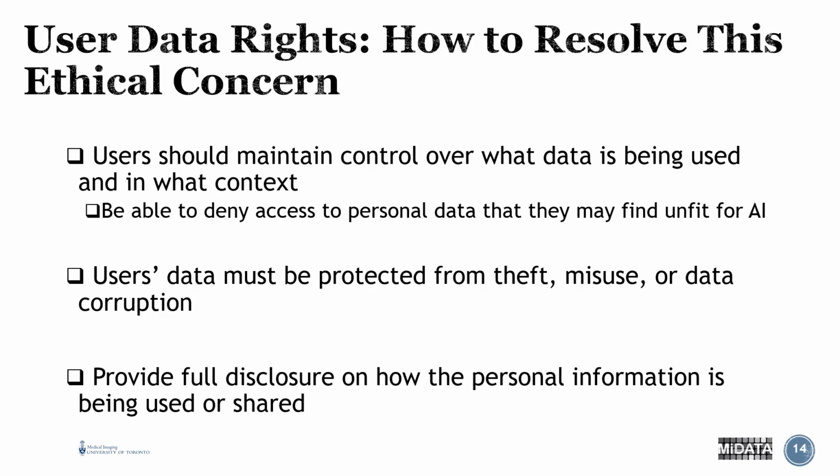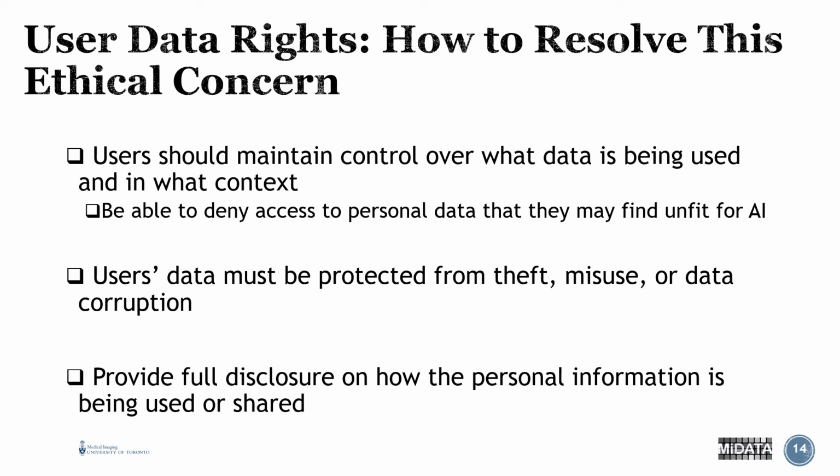Okay, so let's spend a little time just going over what users should be able to expect in this new world of artificial intelligence solutions. Obviously, users should maintain control over what data is being used and in what context. They should have the ability to deny access to personal data that they may find inappropriate for artificial intelligence.